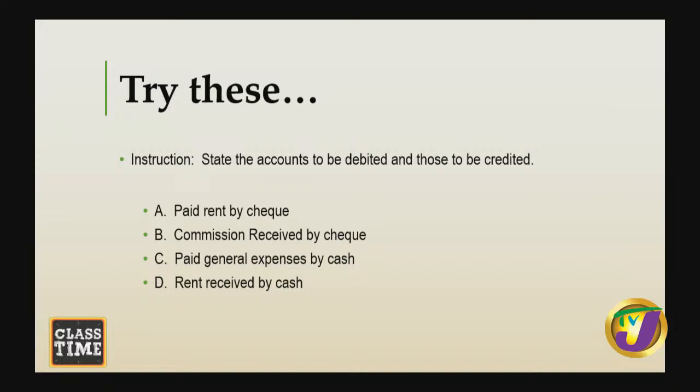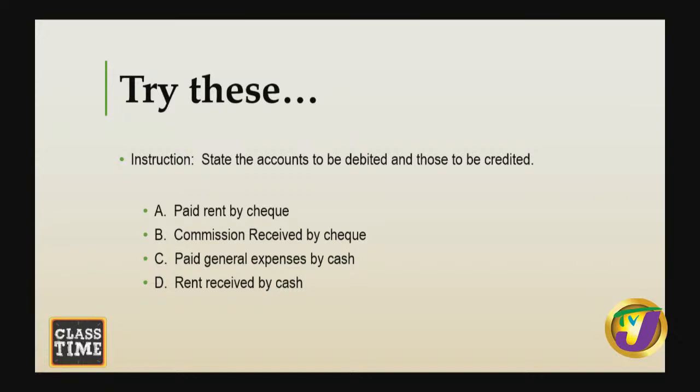Instruction. State the accounts to be debited and those to be credited. Paid rent by check, that's the first one. Commission received by check. Paid general expenses by cash. Rent received by cash.